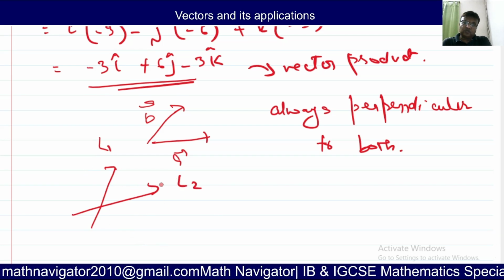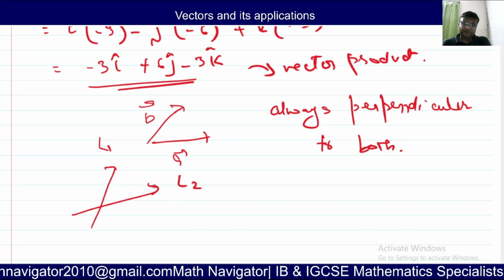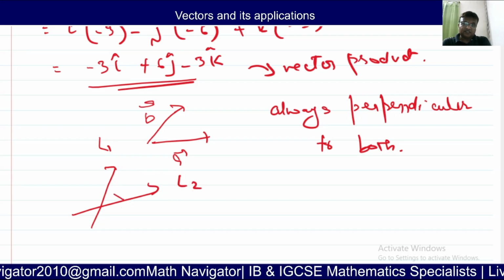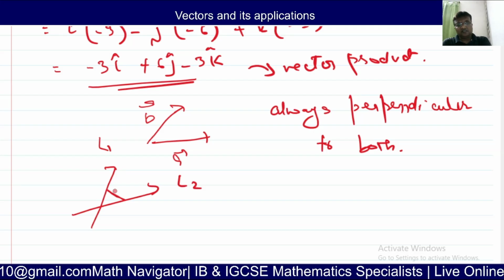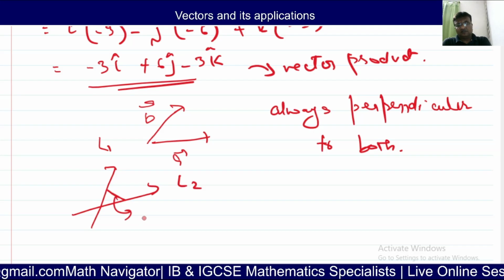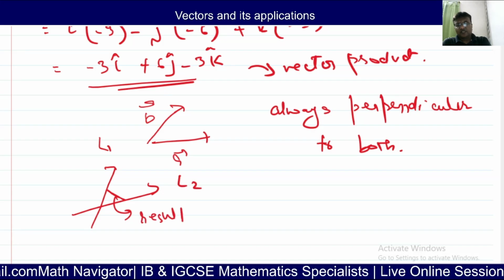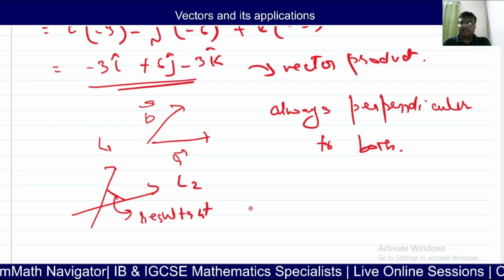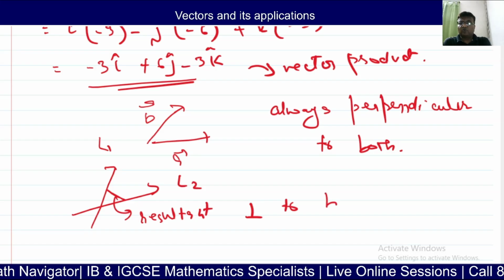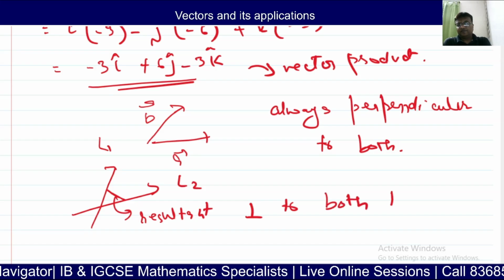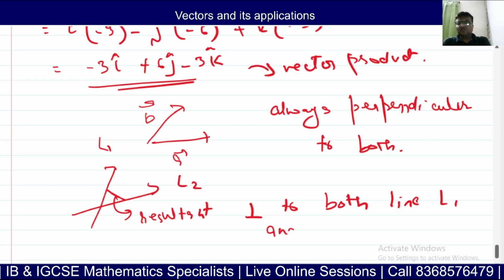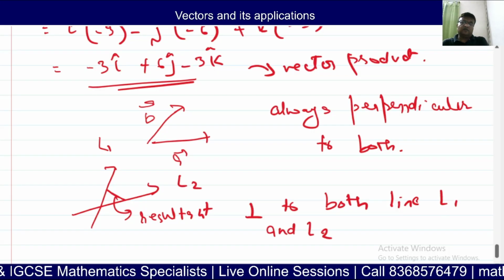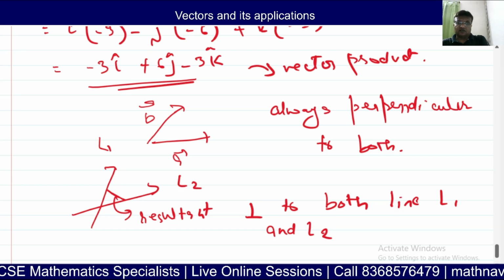If I do the cross product of these, then this vector is the resultant. And this is perpendicular to both line L1 and L2. This will become more clear when we will do vector applications.